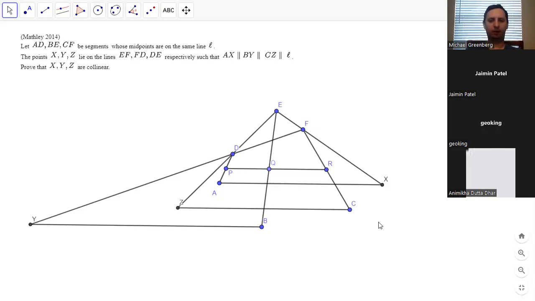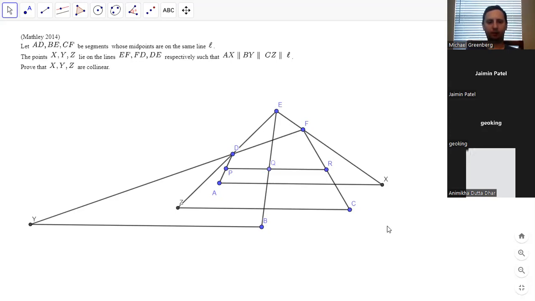No, you can't really do that. So yeah, can we find the ratio EF over FX?